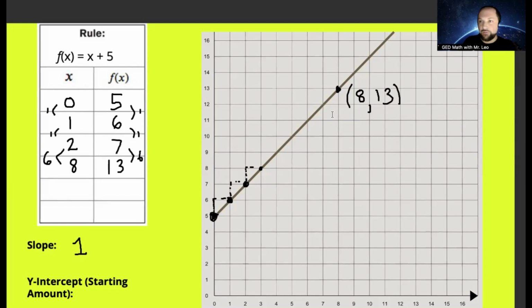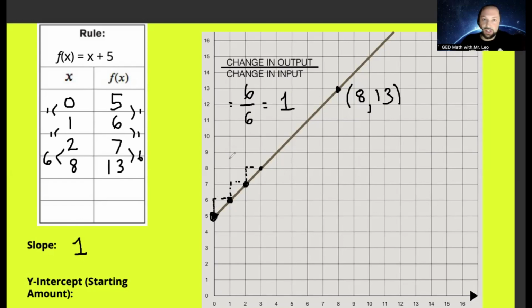So if we follow that format, which is change in output over change in input, the output went up by 6 and the input went up by 6. Treat this as a division, a simplification. 6 divided by 6 is also 1. Lastly, you can see the rise over run method: this is rise 1, run 1.